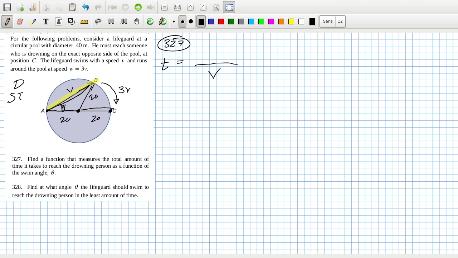So that there, that's theta. We can make a right angle here. So I could say that this length here is 20 cos theta. And there's 2 of them, so I think that'll be 40 cos theta. That's 20 cos and that's 20 sine.